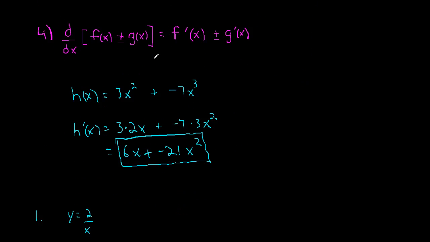And finally, the last rule basically says if you have the sum or the difference of two completely independent functions, then finding the derivative of the entire function amounts to finding the derivative of the first function, the derivative of the second function, and then adding or subtracting them based on what the example is.